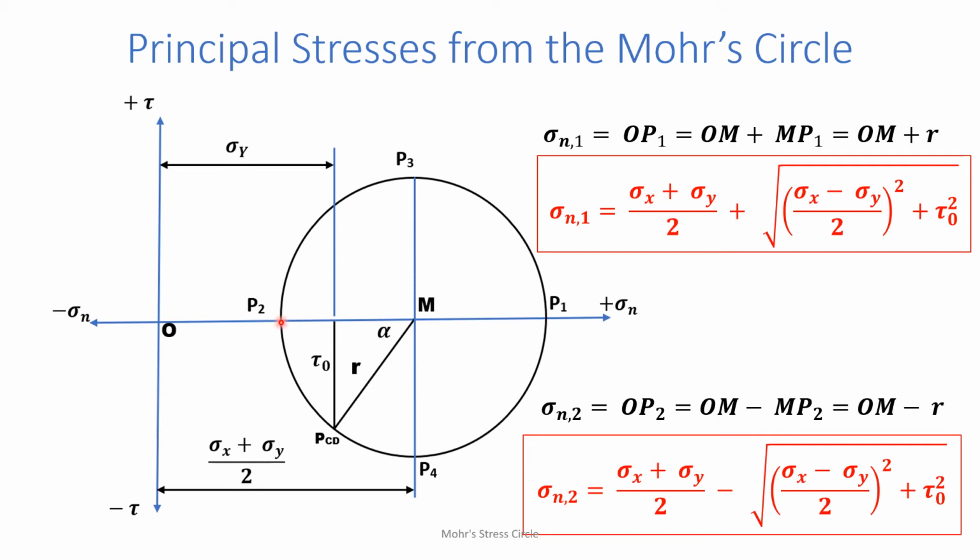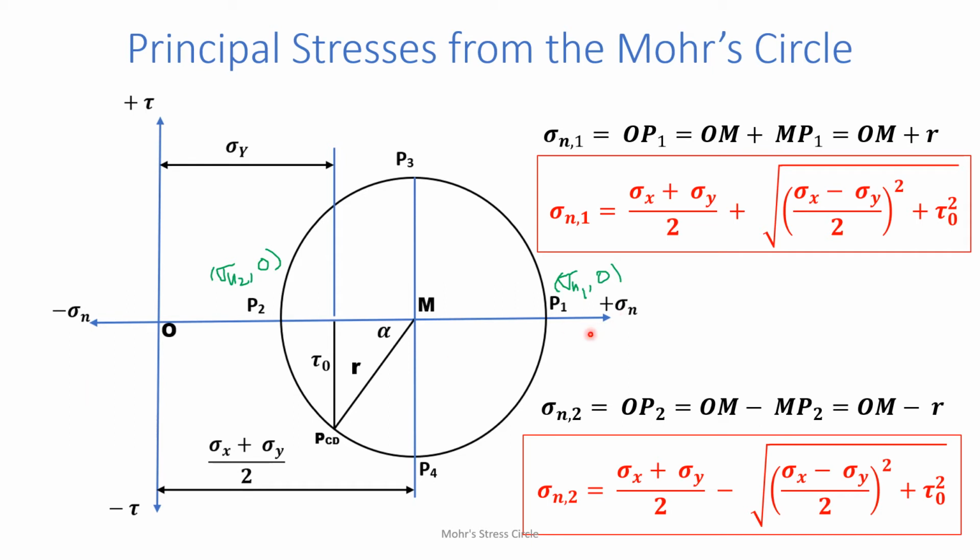P1 and P2 represent principal planes, and the stresses on these are principal stresses. For example, the stress on this will be sigma n1, and the stress on this will be sigma n2, direct stress, and the shear stress will be 0.